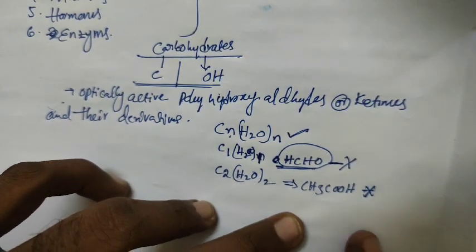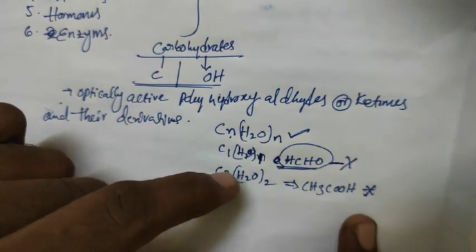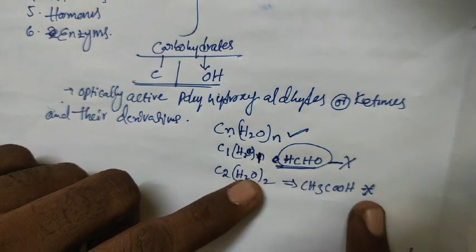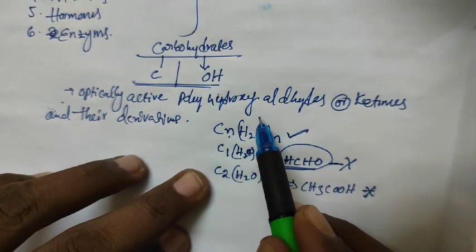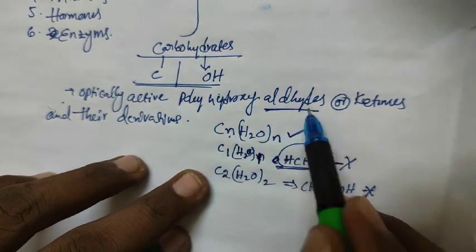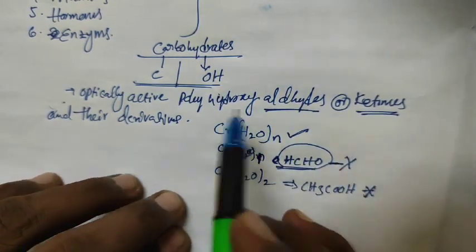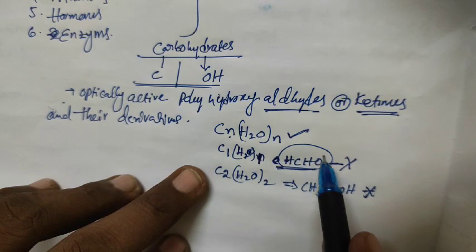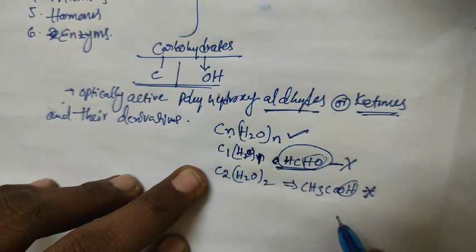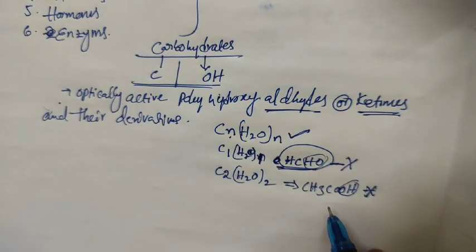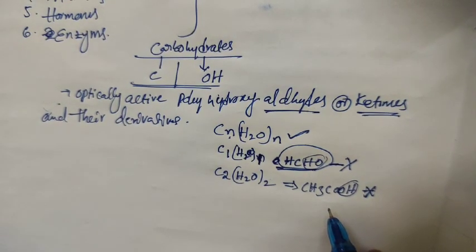The carbohydrate definition is optically active polyhydroxy aldehydes and ketones. Here there is only one hydroxyl group, and here also only one. We want polyhydroxy aldehydes or ketones or their derivatives.